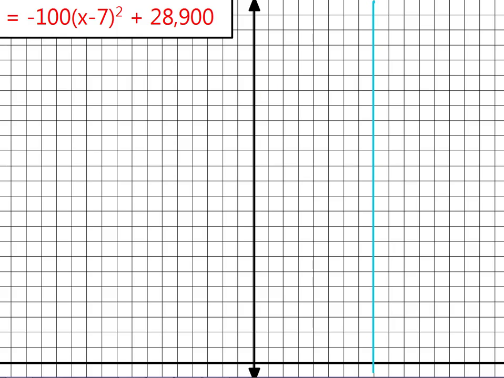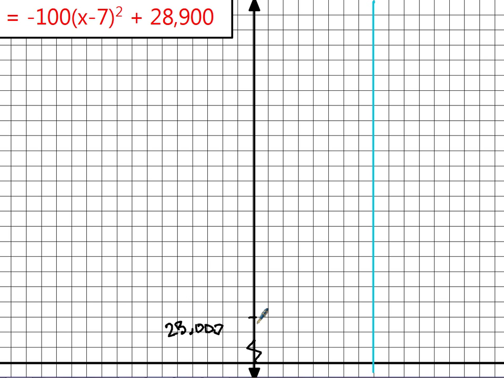First of all, again, we're going to have to adjust for scale. So I'm going to put a little squiggly line saying that I'm skipping numbers. And I'm going to start off with, let's say, 23,000.